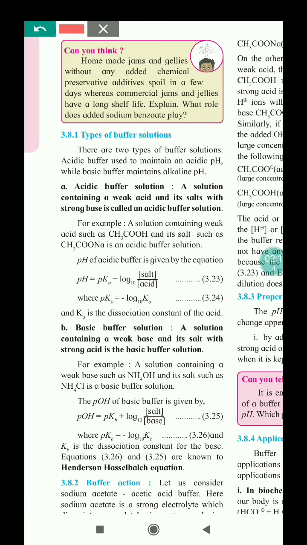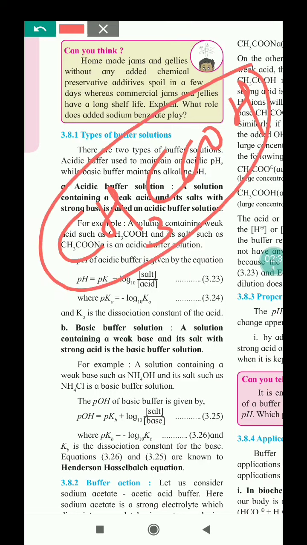Consider the example CH3COOH, acetic acid. This is a weak acid, and its salt of a strong base means the salt of this acid with a strong base. Strong base means NaOH or KOH.